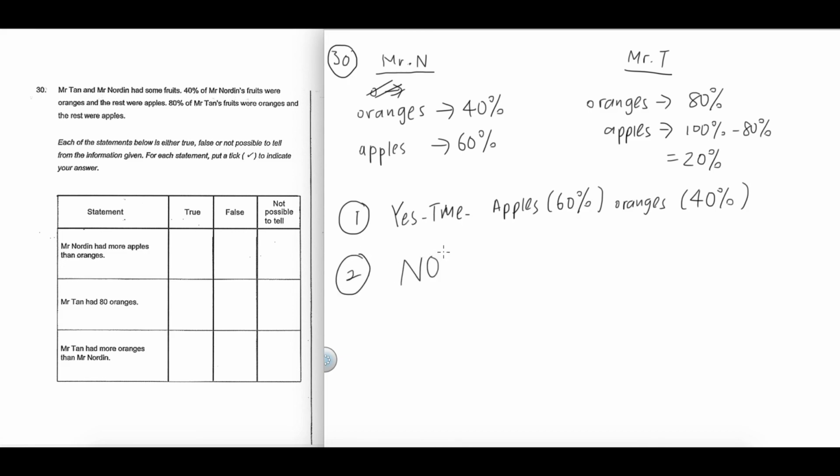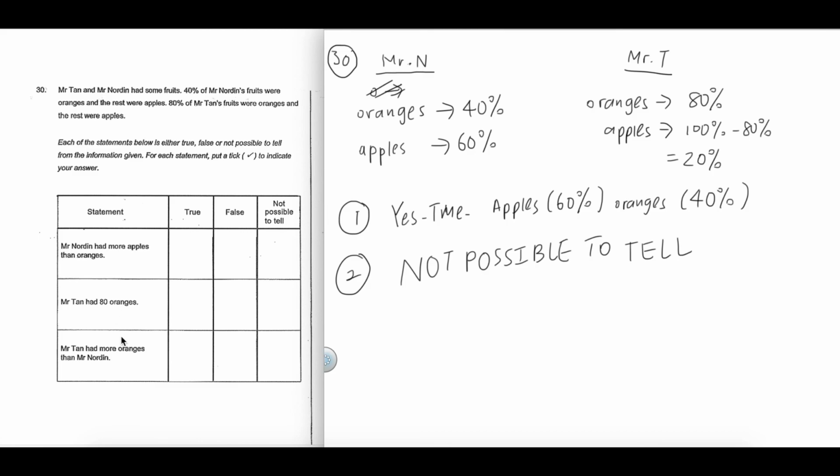This is not possible to tell. Alright? We do not even have the total, so we cannot calculate exactly how many oranges Mr. Tan has. If the question actually put a percentage there, had 80% of oranges, then we can put true. But now they're saying 80 oranges, not true. Alright? Not possible to tell, I mean.